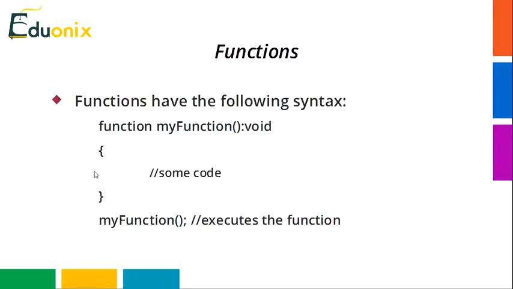Then there are an opening and closing curly bracket, and then there's some code within those brackets. And to execute that code, you have to write elsewhere in the program outside the brackets. Normally anyway, you would then write the function name, myFunction, use the parentheses and the semicolon.